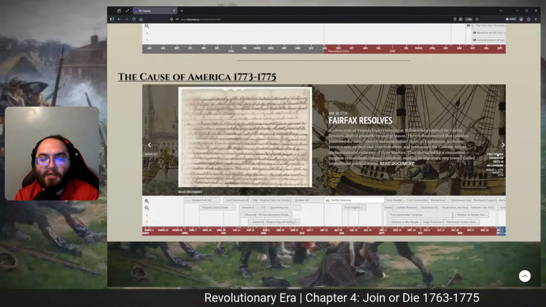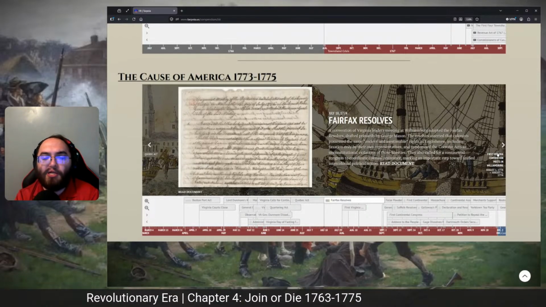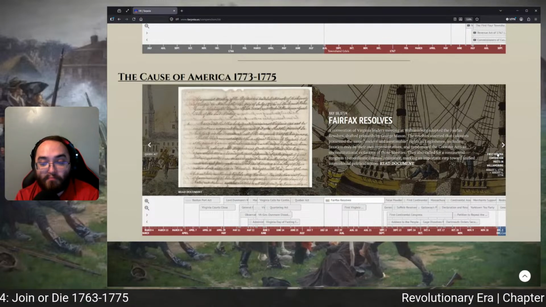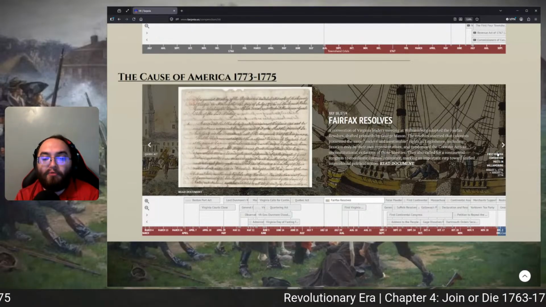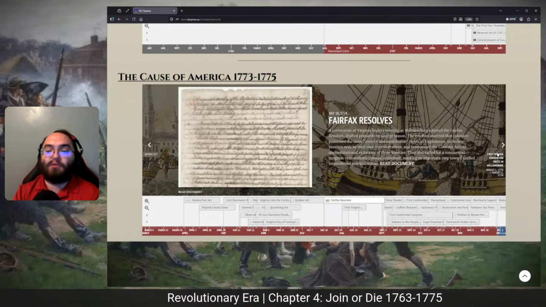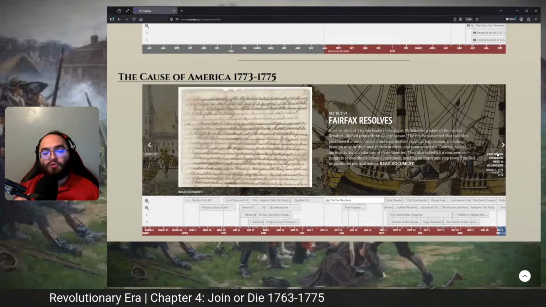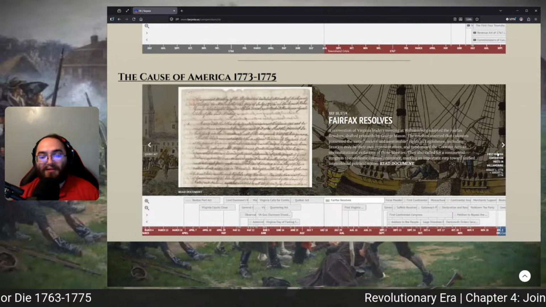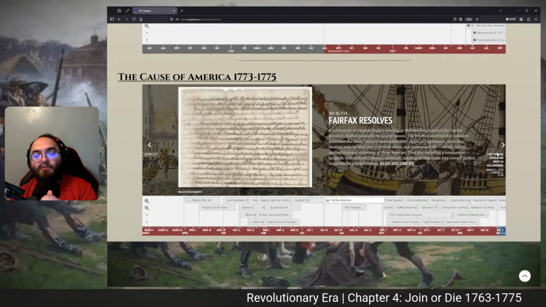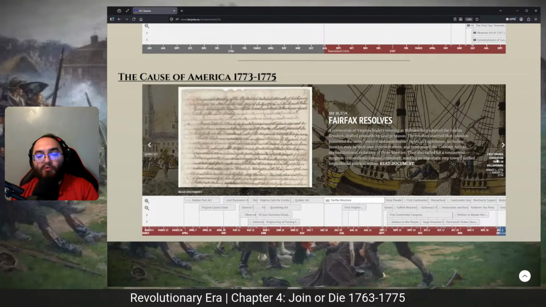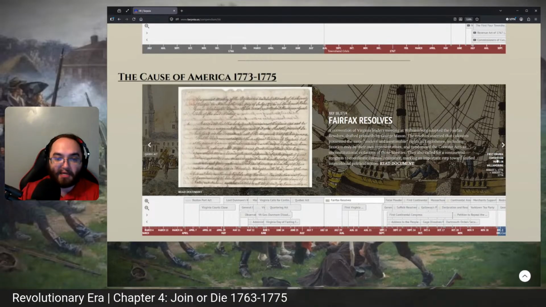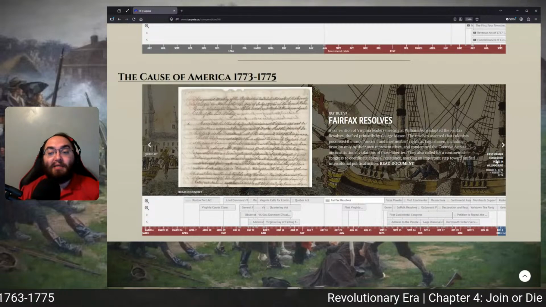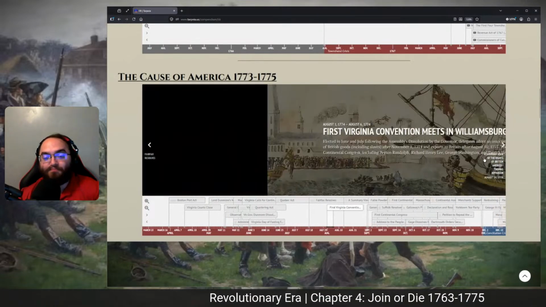The resolves asserted that colonists possessed the same ancient and inestimable rights as Englishmen, including taxation only by their own representatives, and condemned the coercive acts as unconstitutional violations of those liberties. They also called for a Continental Congress to coordinate colonial resistance, marking an important step toward unified intercolonial political action. So this will lead to the First Continental Congress.